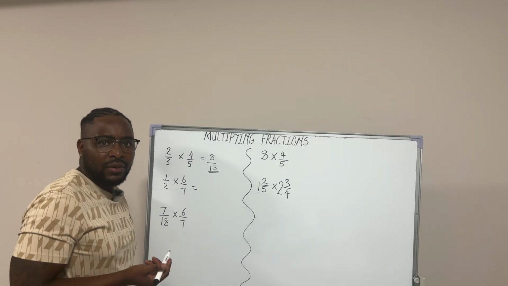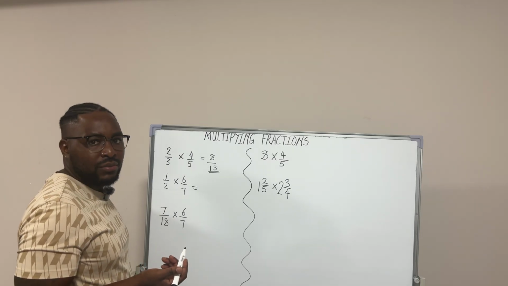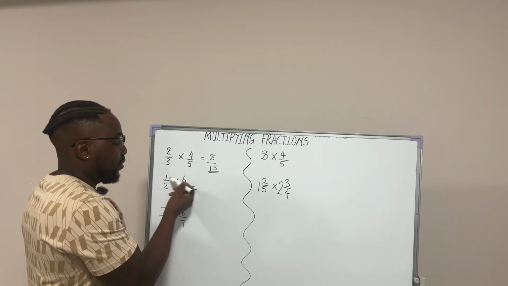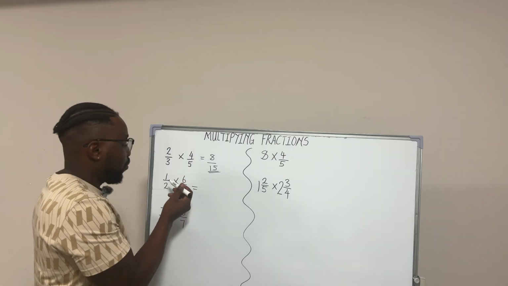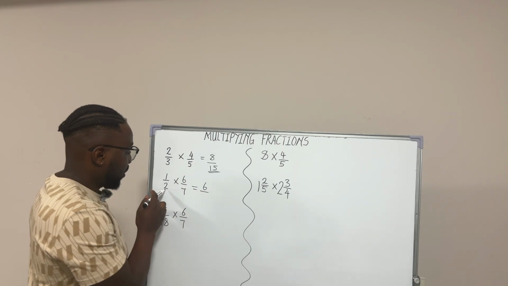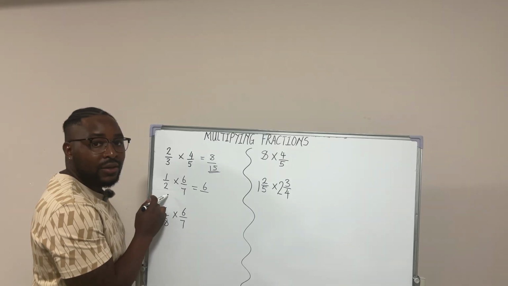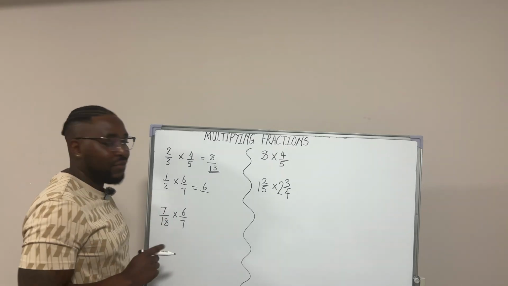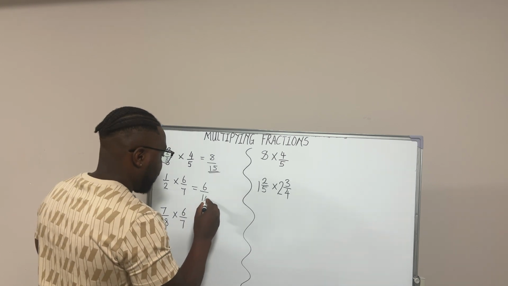Now remember, what do we have to do? We just multiply the numerators, or these top numbers. So 1 multiplied by 6, that's 6. Now we just multiply our bottom numbers, our denominators. 2 multiplied by 7, that's 14.